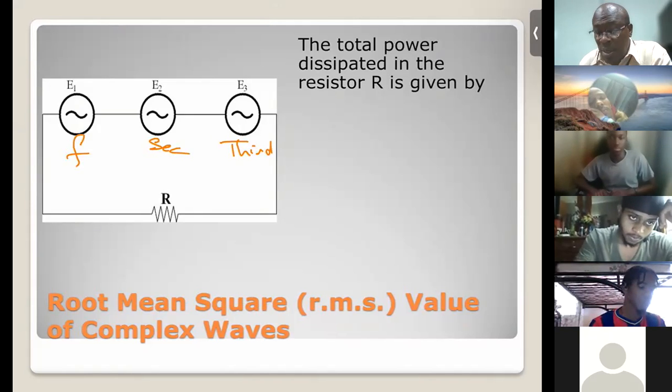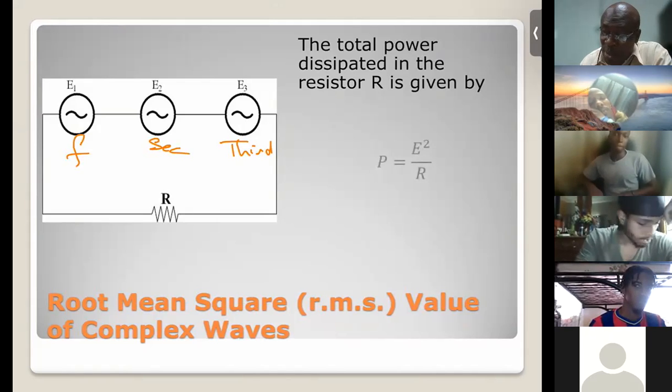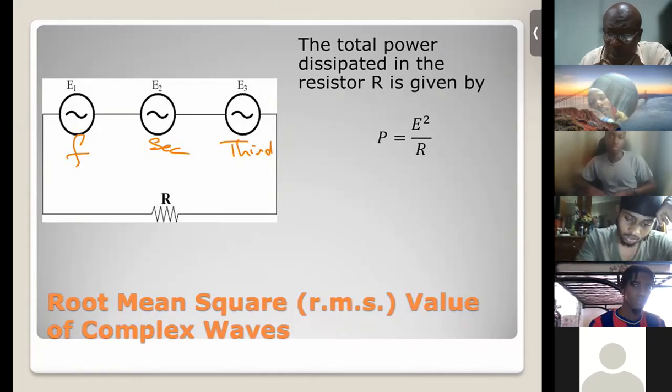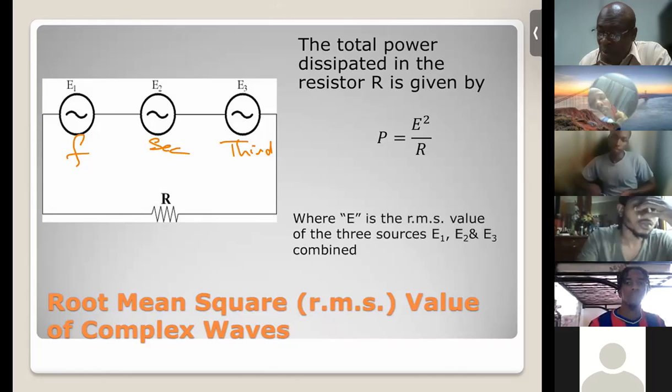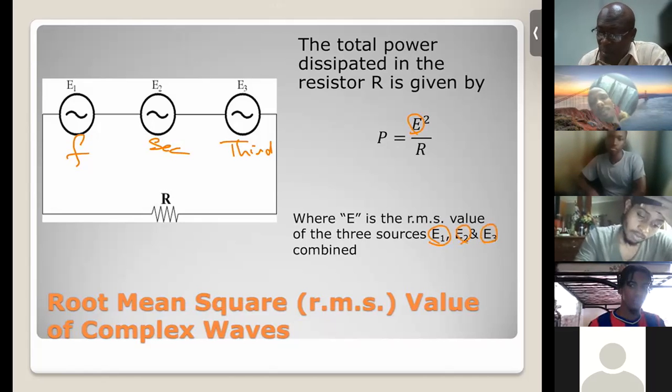So those are the harmonics and the fundamental that is in the wave. And by applying superposition, we know that the power dissipated in the resistor would be E squared over R. And so E in this expression would be the RMS, and E1, E2, and E3 are from the three sources. Good.